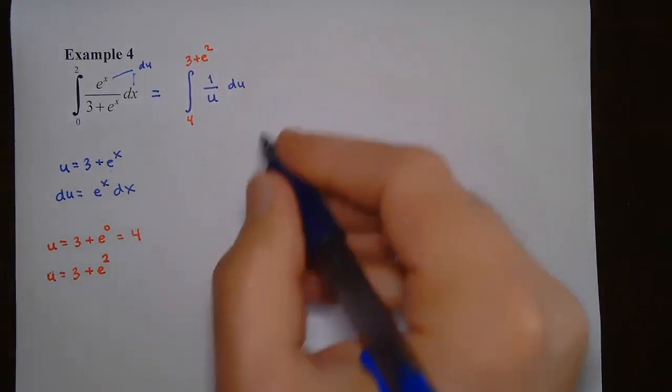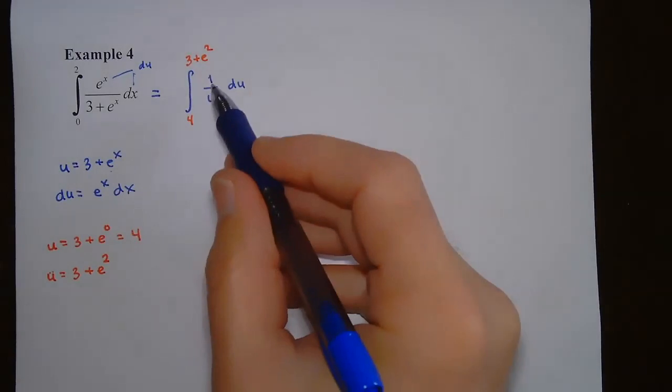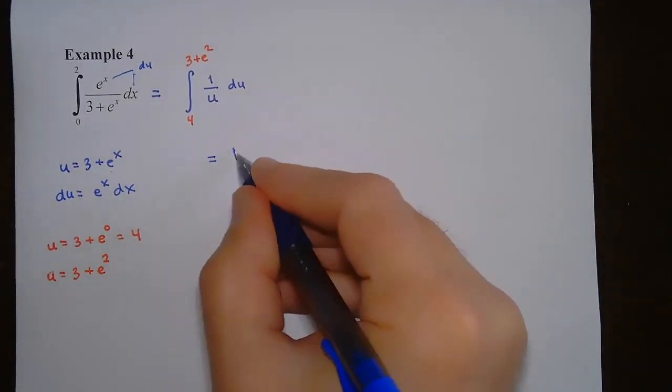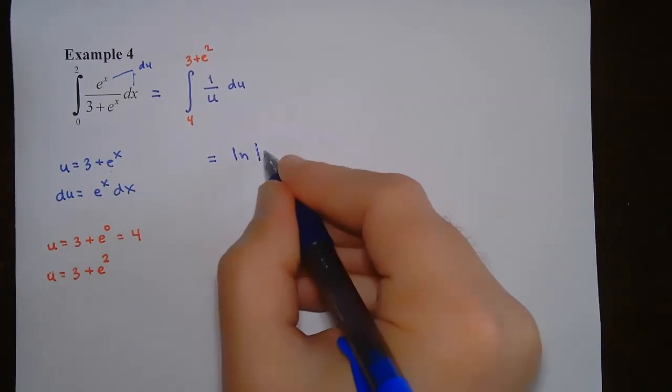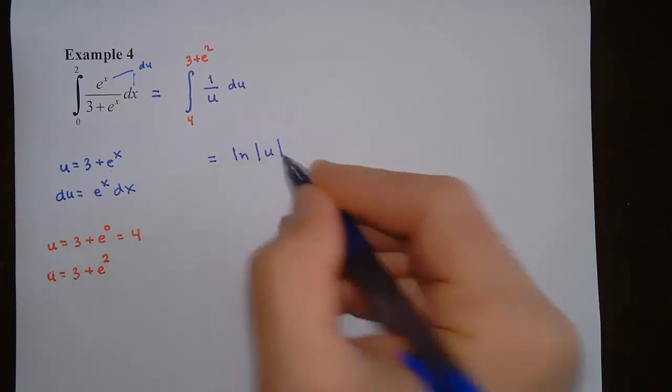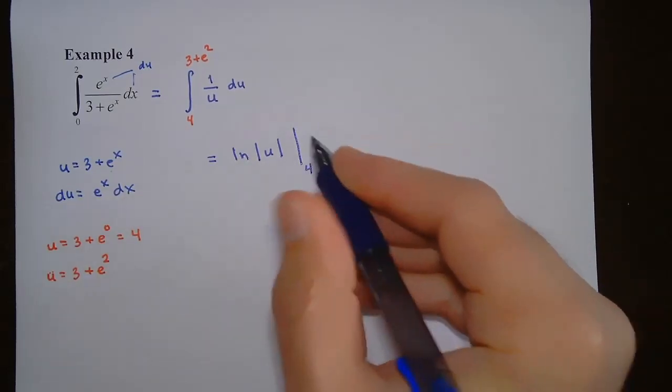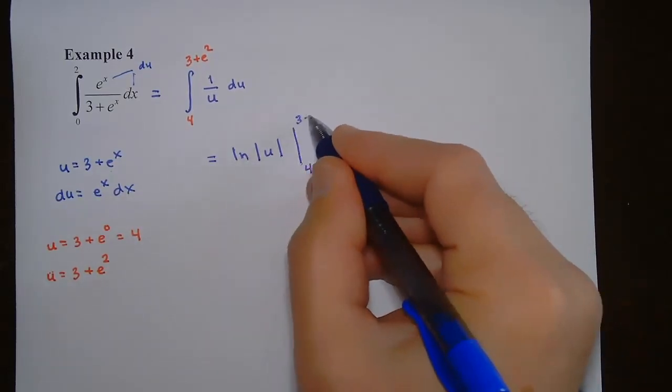So then what does this become? Well, what is the integral of 1 over u du? We should know at this point that that's the natural log of the absolute value of u, evaluated from 4 to 3 plus e squared.